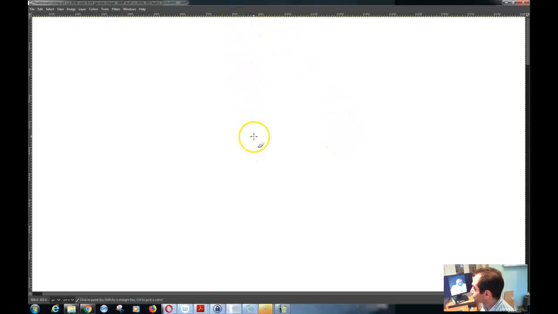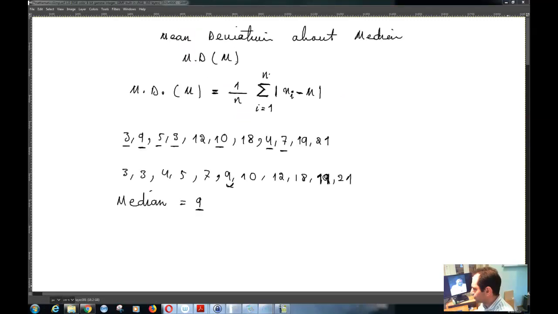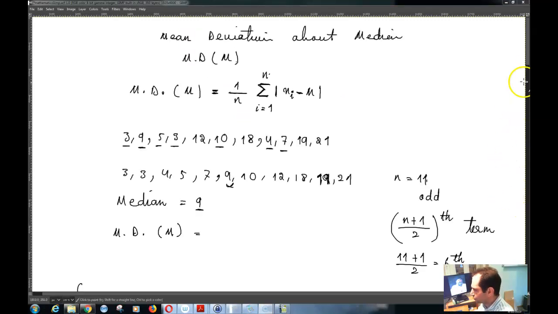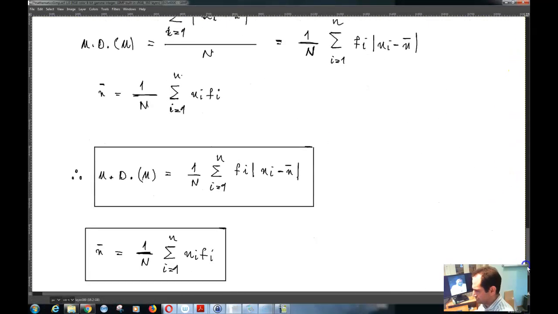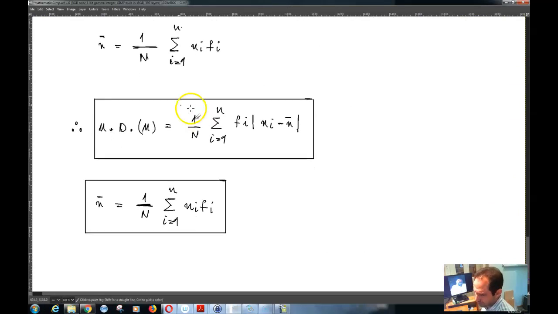The only difference is that instead of over here, we said that we had the mean deviation about median, for example, here.